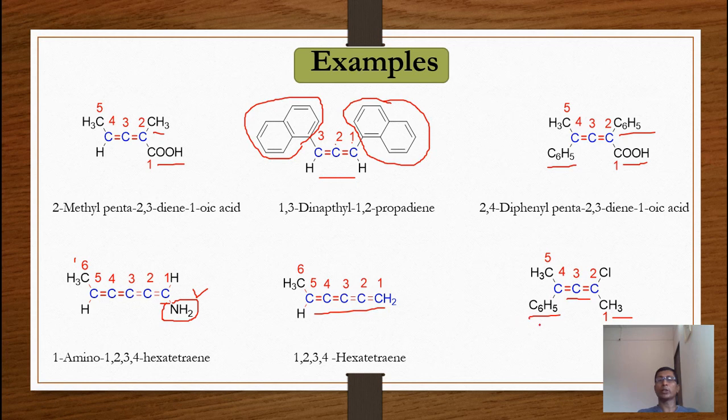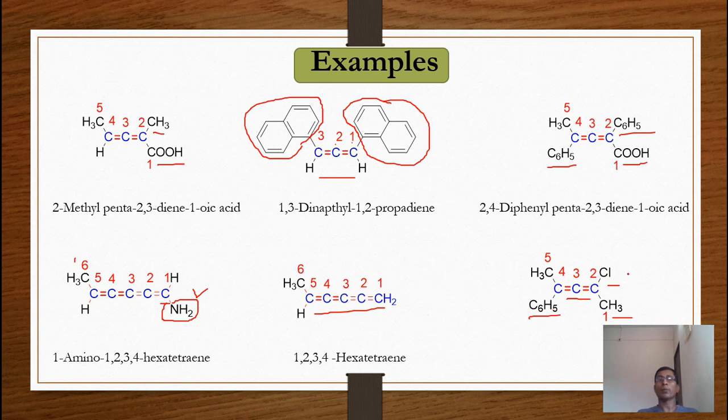One is C6H5, which is attached at position 4, and another is chloro, which is attached at position 2. Thus, the IUPAC name of this molecule is 2-chloro-4-phenylpenta-2,3-diene.